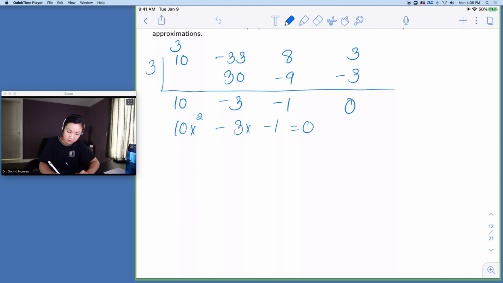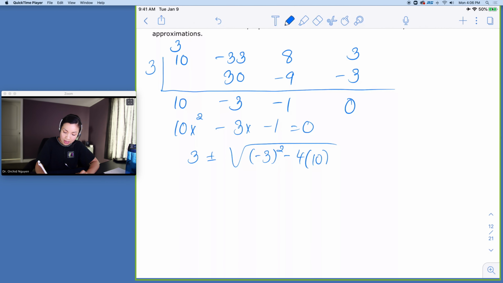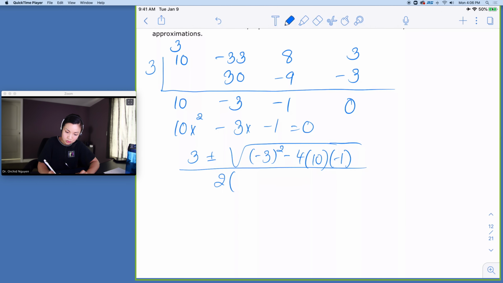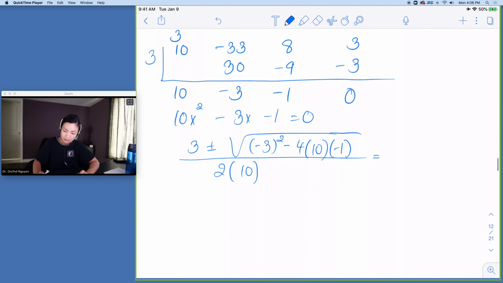So we have negative b plus and minus square root of b squared minus 4ac over 2a. Okay.